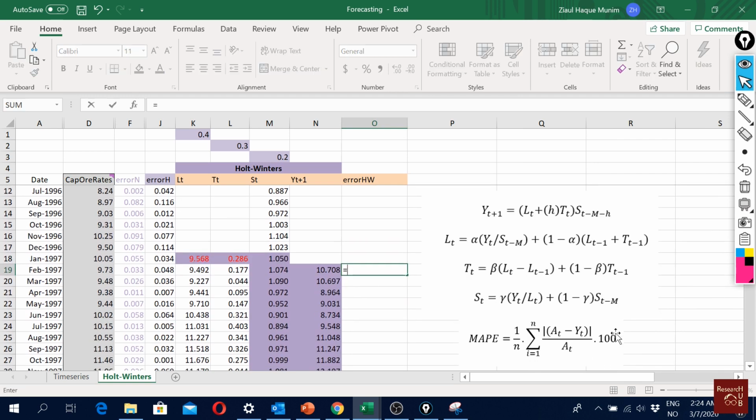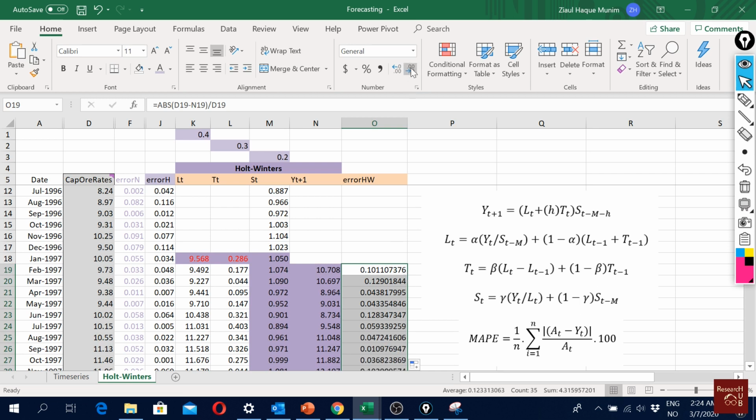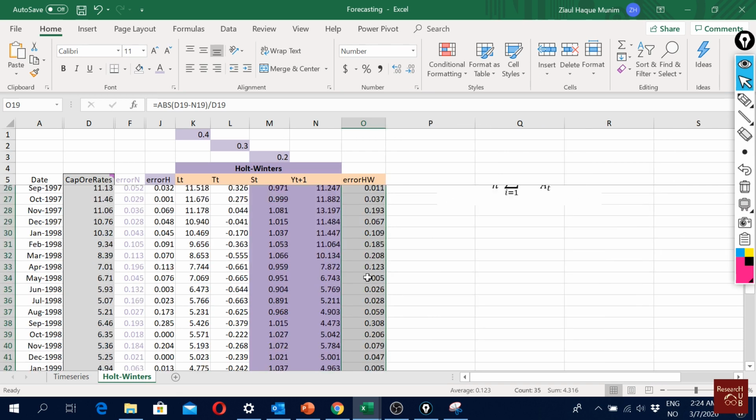So to do that, I'm just going to do this first part here. We will start with the absolute. And this is my real value minus my forecasted value, right, divided by my real value. And this is the value I get. I just double click and I'm going to use only 3 decimal points.